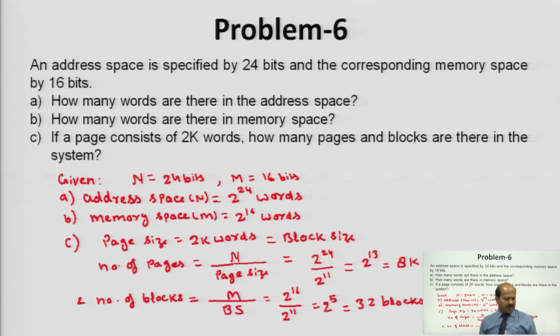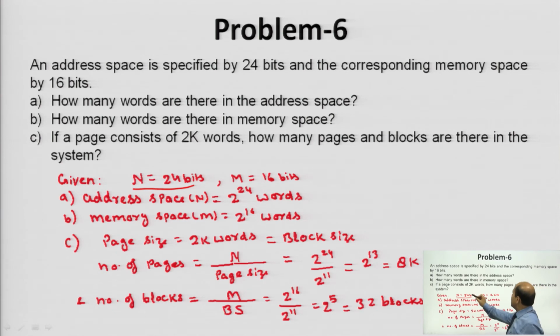Now, the next problem is related to virtual memory. An address space is given as 24 bits and the corresponding main memory space is 16 bits. So, we can write the address space is 24 bits, and main memory in terms of m is 16 bits. How many words are there in address space?